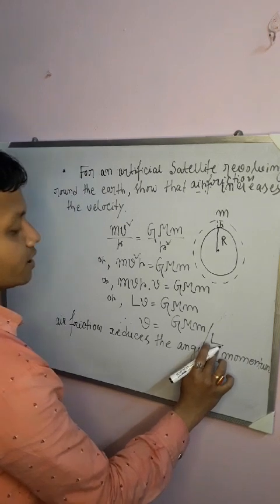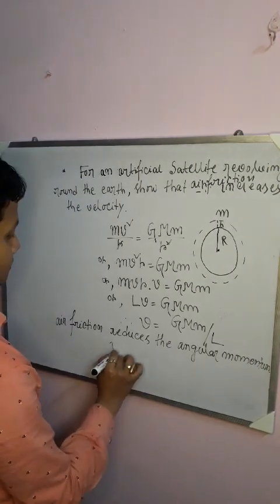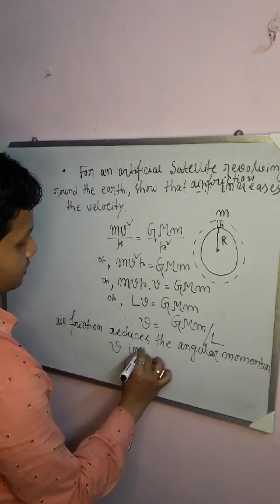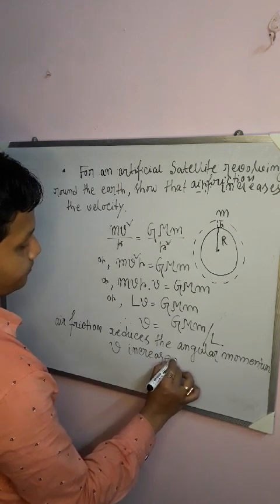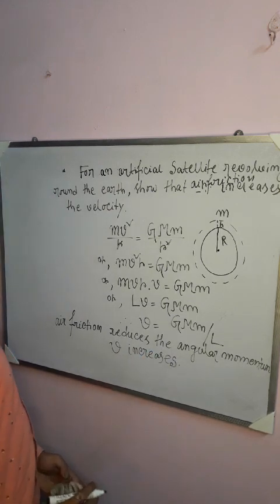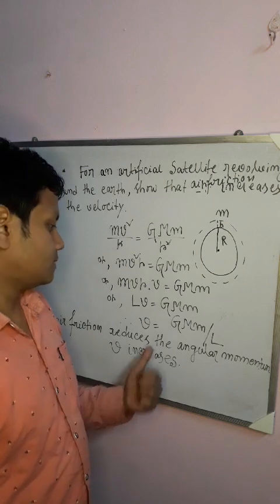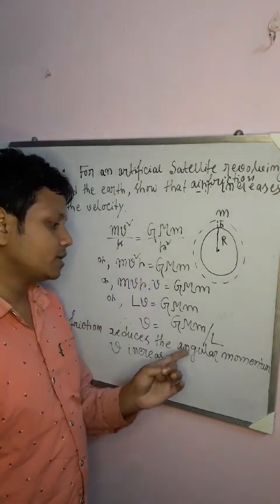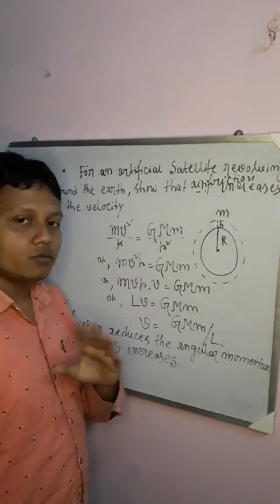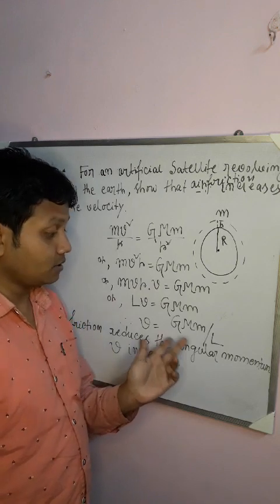So if angular momentum decreases, then v increases. So this is the answer we require. The main thing is this: due to the presence of air friction, angular momentum decreases, as a result velocity v increases.